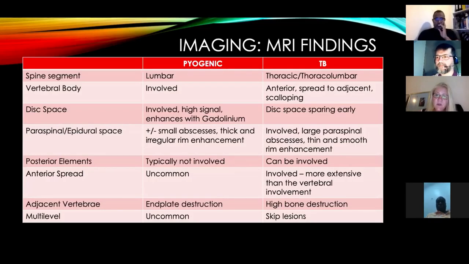With regard to the vertebral destruction, you get end-plate destruction in pyogenic spondylodiscitis, and you get a lot of bone destruction in TB. It's uncommon to have multi-level lesions in pyogenic spondylodiscitis, but not if you've got an epidural abscess, whereas in TB you often see skip lesions.